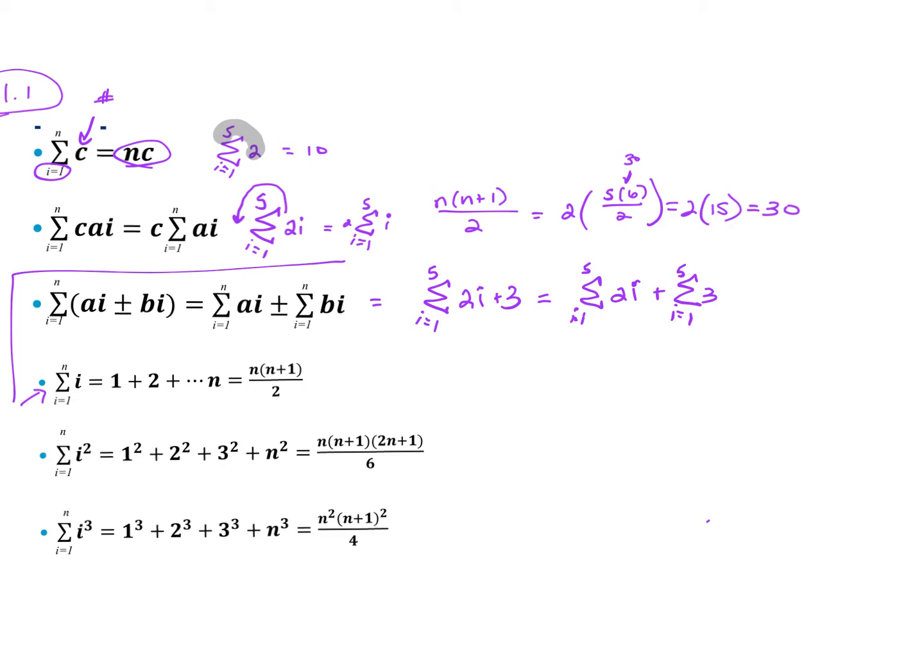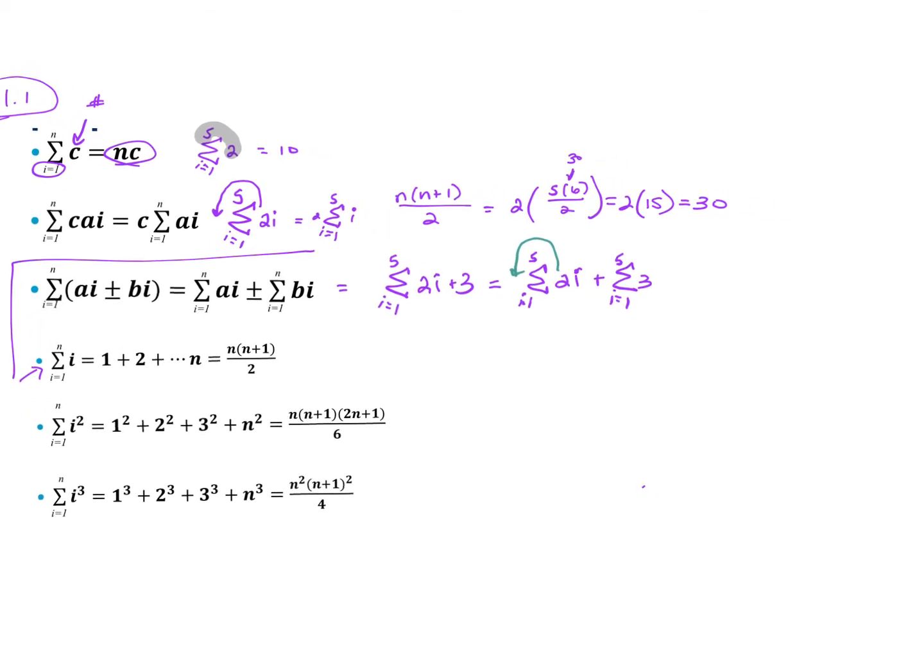And then I can do what we just did. I could bring the 2 to the front. But we already did this. 2I is the same thing that we got from up here. This would be 30. And then for the one on the right, it's just a number. So I would multiply 3 times 5, 15, and I'd get 45.